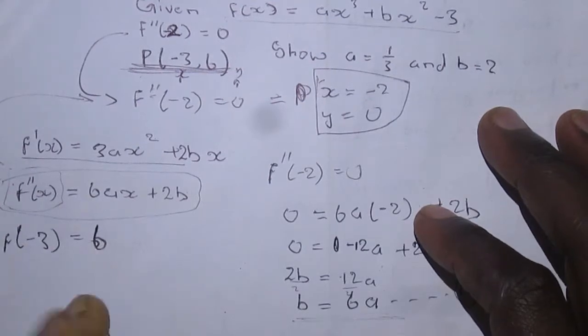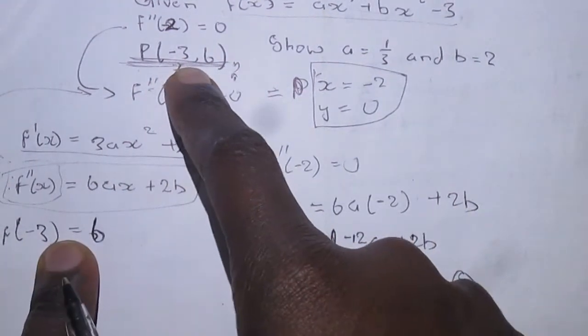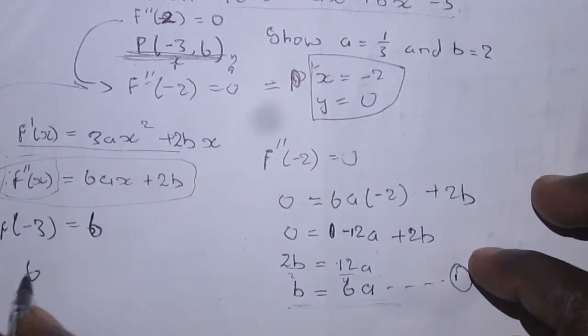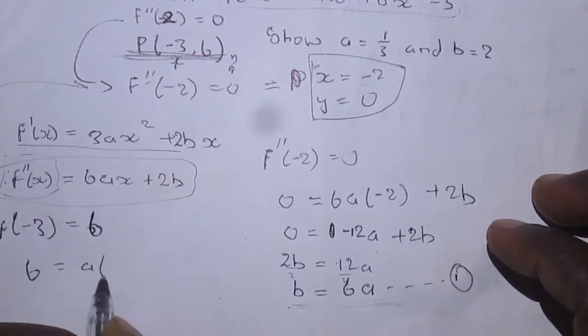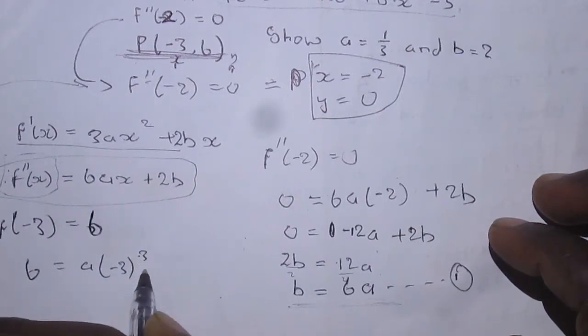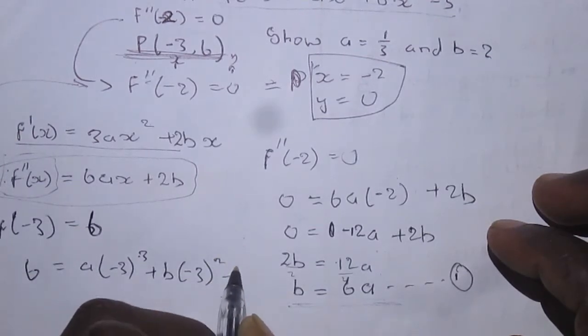Do you see how I interpreted that point? Now all I need to do is substitute in f. My f of x is y, so 6 is equal to a times negative 3 cubed plus b times negative 3 squared minus 3.